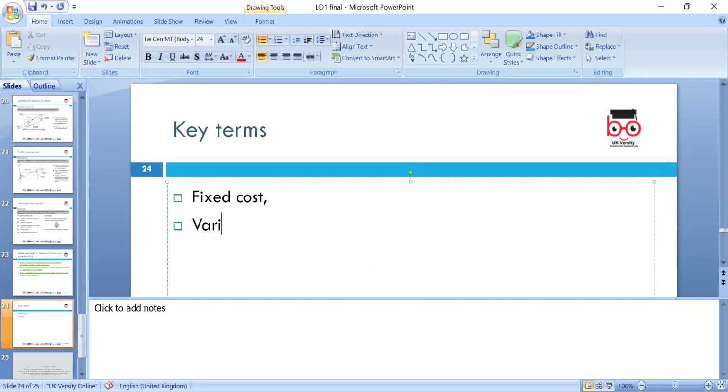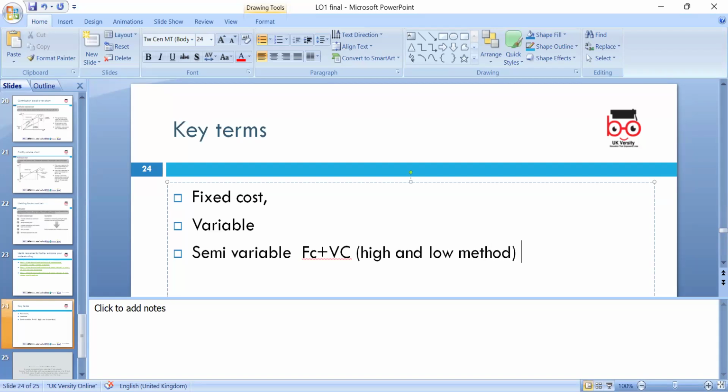Variable cost: a cost that changes. And semi-variable: expenses which include a mixture of fixed and variable costs. And if we need to identify them, we use the high and low method.